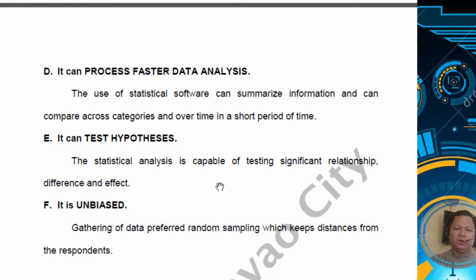So in quanti, we're going to test our null hypothesis. It is the statement of negation, like there's no significant relationship between math scores and IQ, etc. So we're going to test it, using statistical tools to prove whether our hypothesis is true or not.